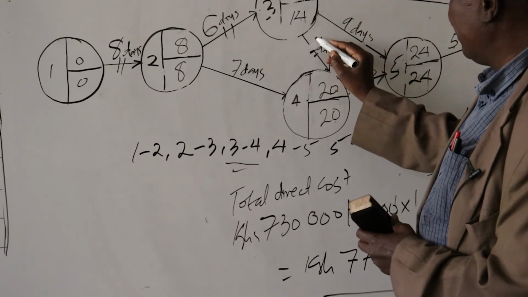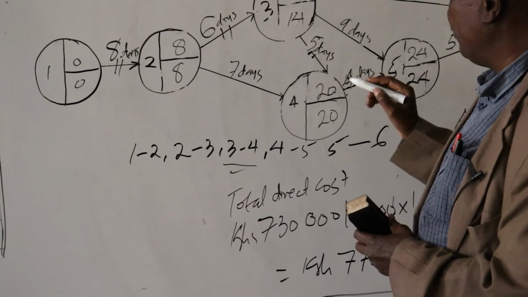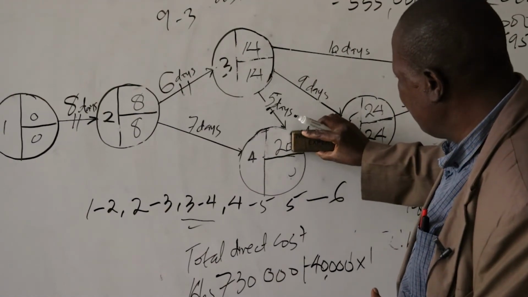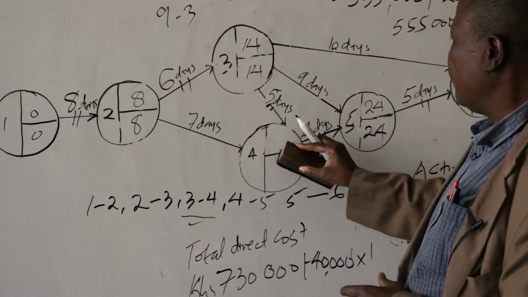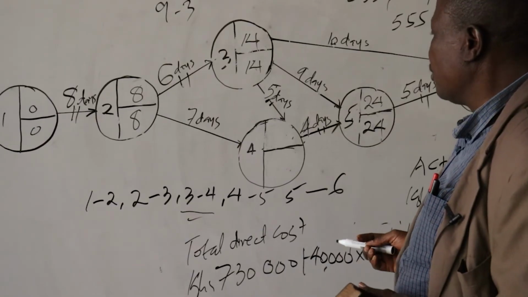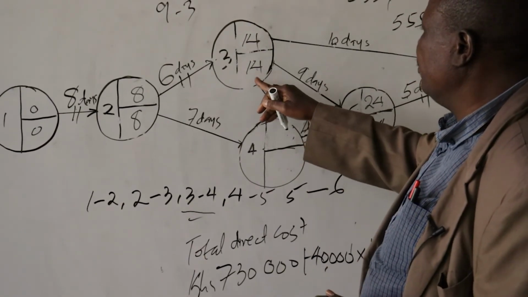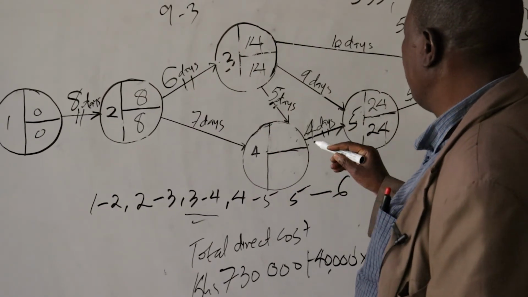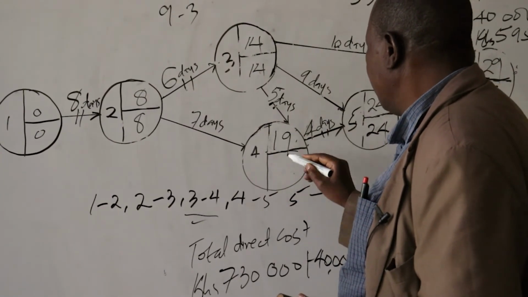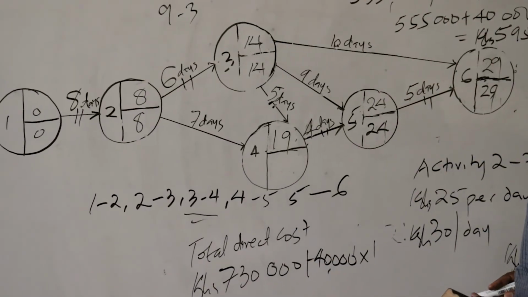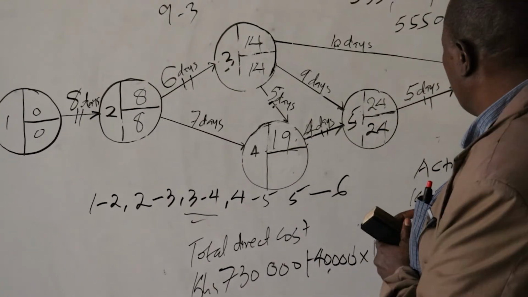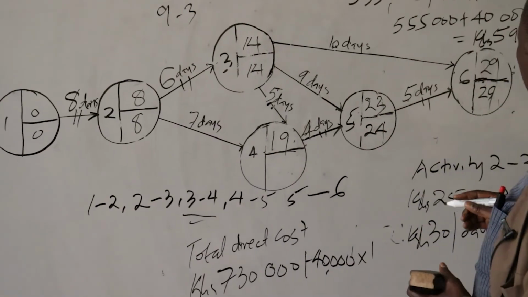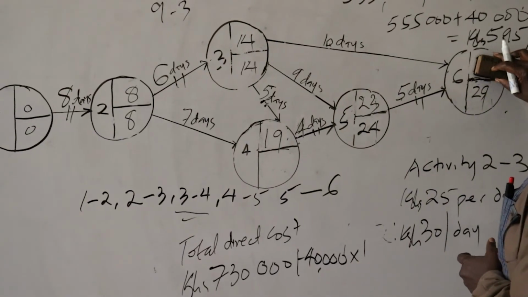So another network is drawn. We are now using 5 days. We construct another network. 14 plus 5 is 19. 19 plus 4 is 23. 23 plus 5 is 28.